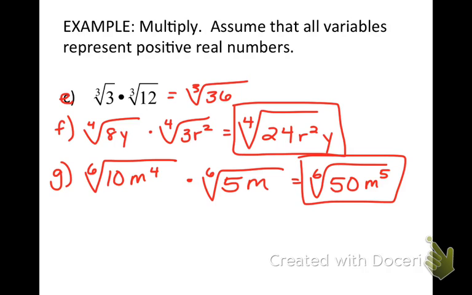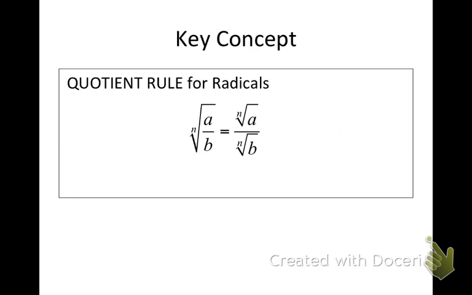All right. So now the same thing can apply for the quotient rule, which we've already kind of done. If you take the nth root of a quotient or a fraction, so the nth root of A all over B can be split up into two separate roots where you just take the nth root of whatever is in your numerator and the nth root of whatever is in your denominator.